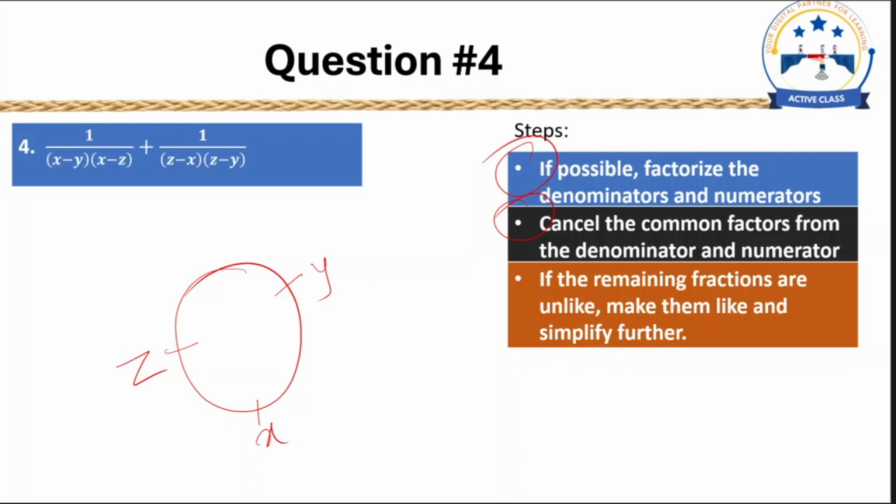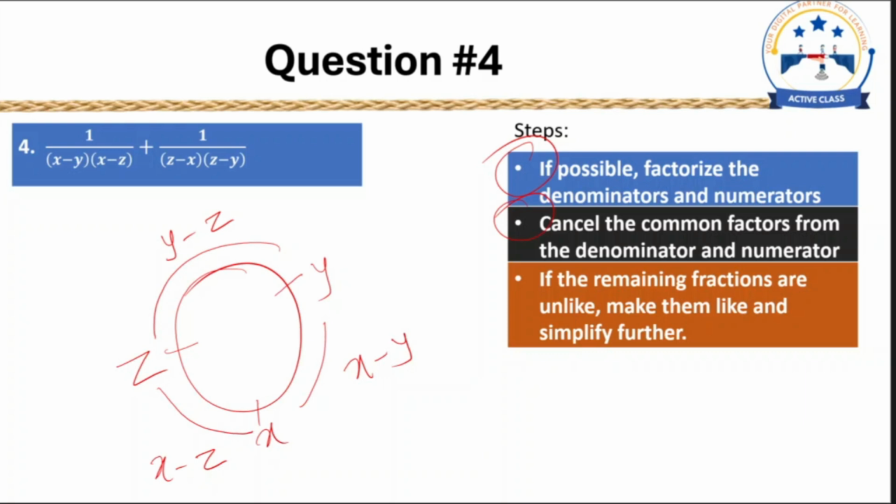So x comes before y, means we can subtract y from x. Likewise, we can subtract this z from y because z comes after y. And in a cycle, this x comes before z, so we can subtract z from x. Means our factors look like x minus y, then y minus z, and then x minus z.